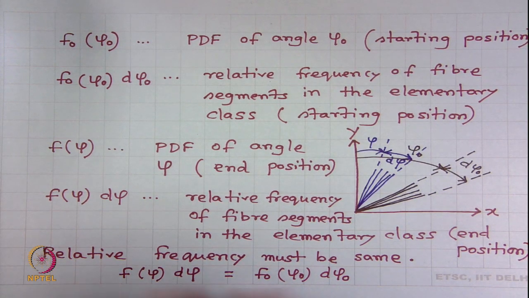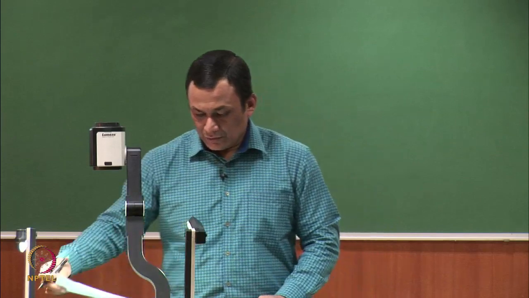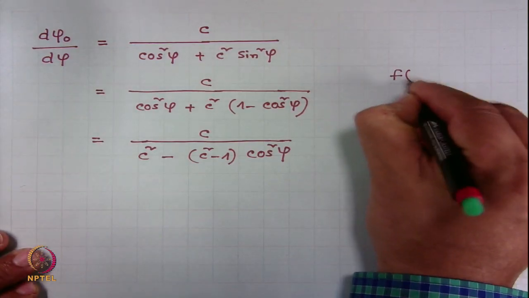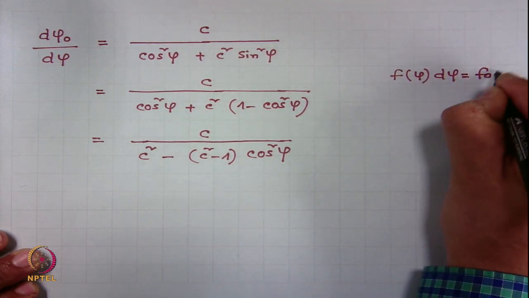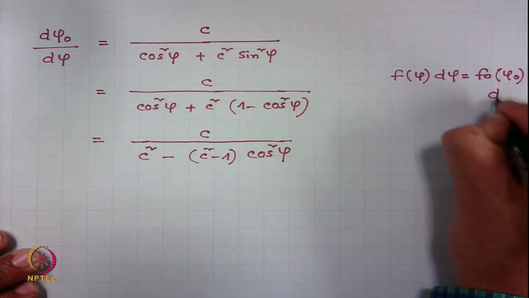So, these two relative frequencies must be the same. So, we obtained now this relation: f psi d psi is equal to f naught psi naught into d psi naught.